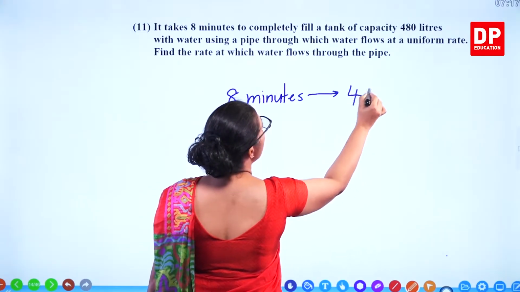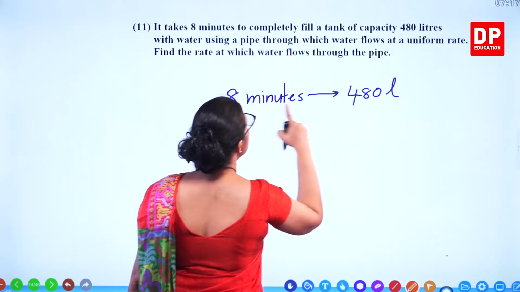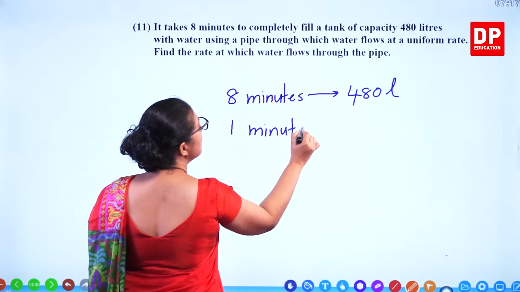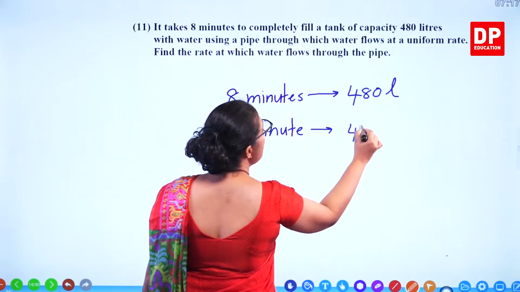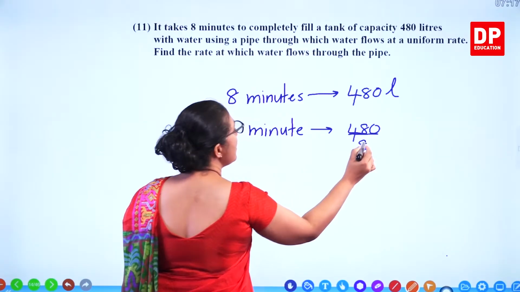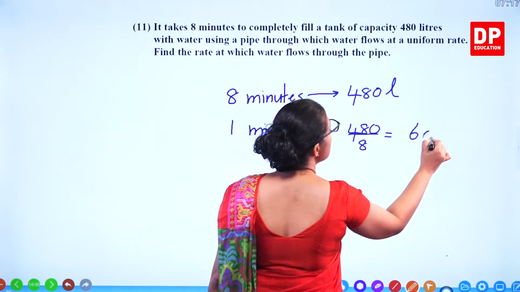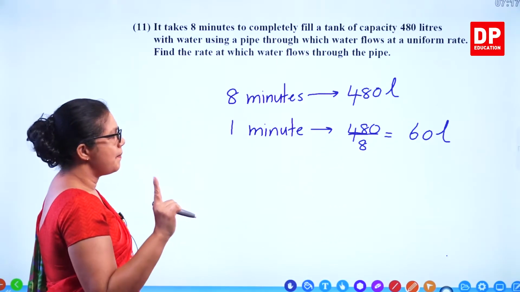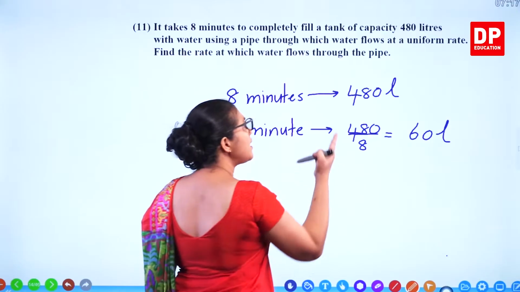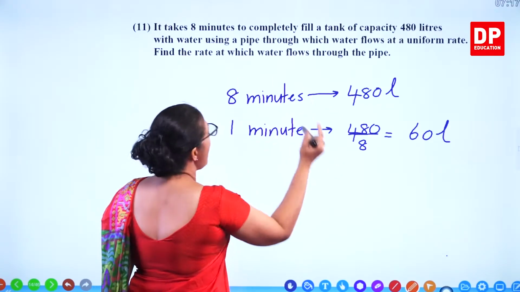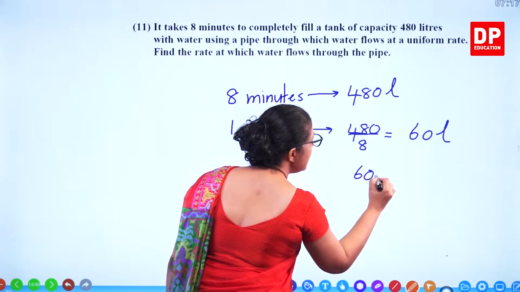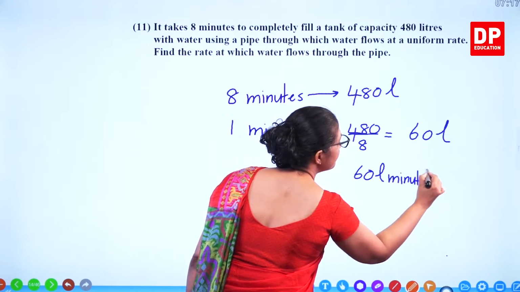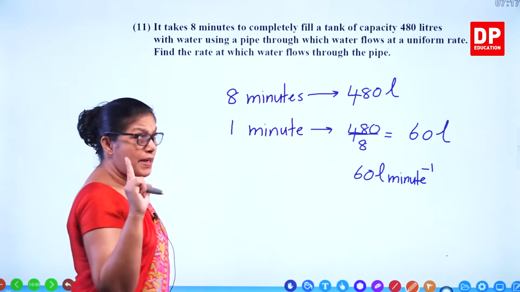8 minutes to fill 480 liters. What about 1 minute? 480 divided by 8, so 60 liters per 1 minute. So you can write the rate as 60 liters per minute, or per second.